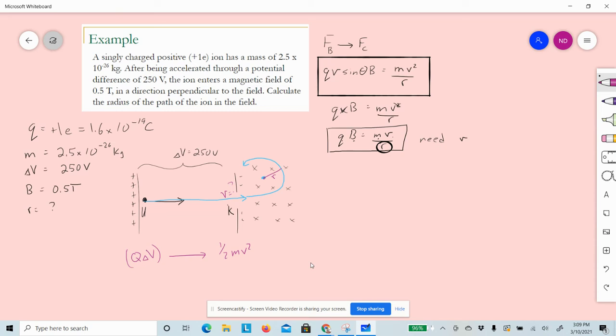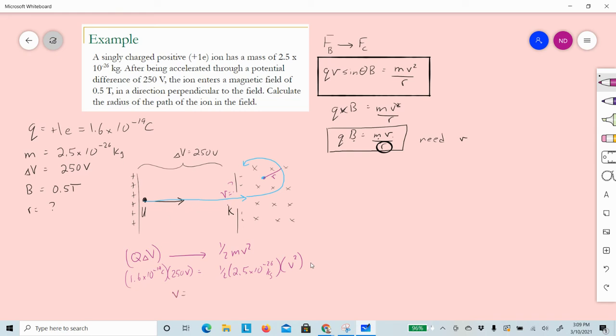So the energy here, Q delta V, 1.6 times 10 to the minus 19th coulombs times 250 volts is going to be equal to 1/2 times 2.5 times 10 to the minus 26 kilograms times V squared. You have to do all that to solve for V.